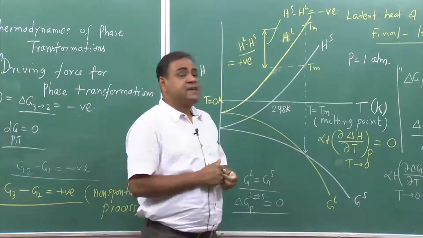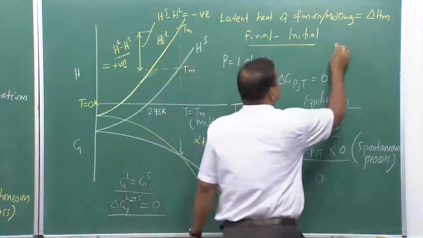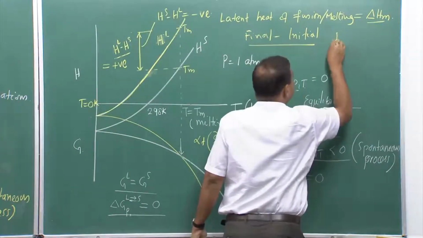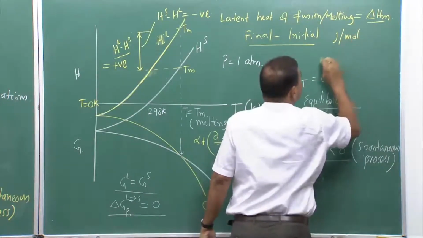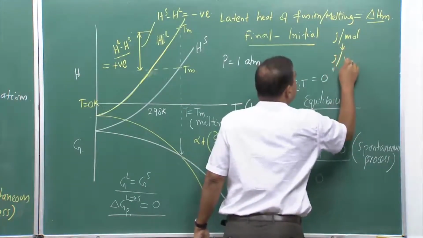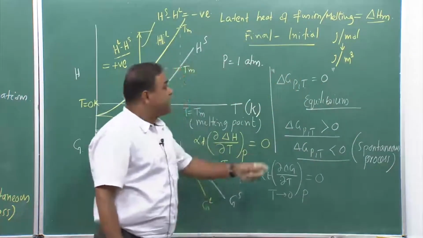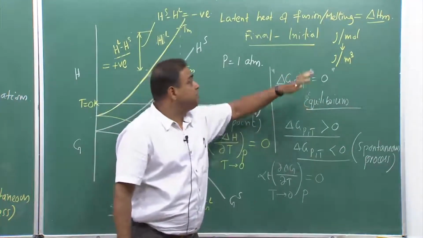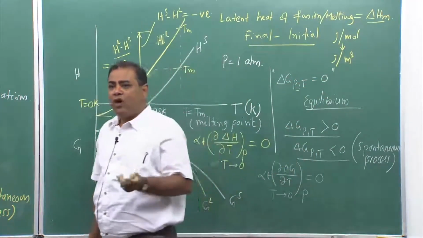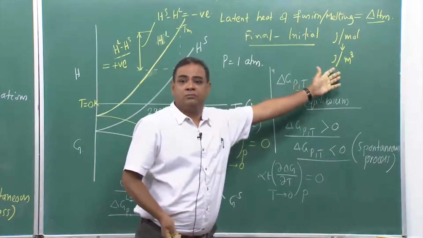You will see later on that initially this value is given in energy, joule per mole, and later on we will convert this unit to joule per meter cube. We can convert this in many forms. If it is per mole, we will just divide it by molar volume, and then it will become per volume.